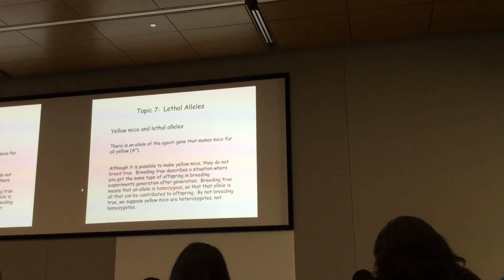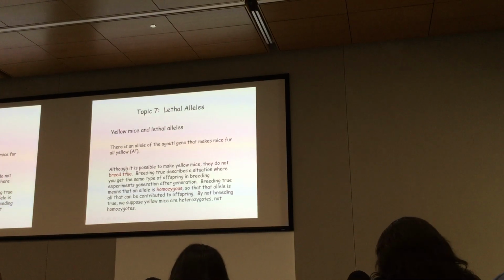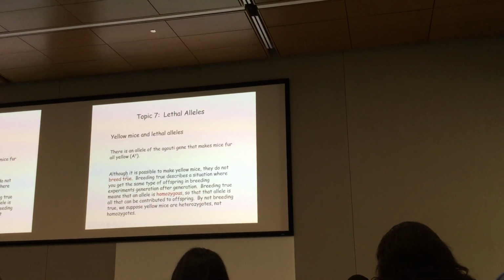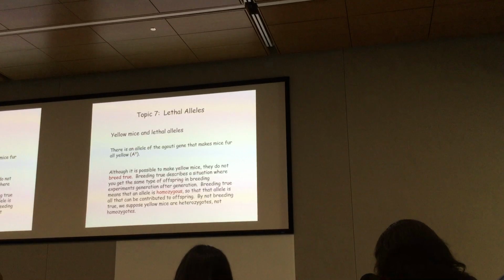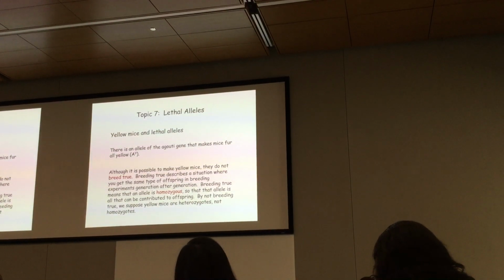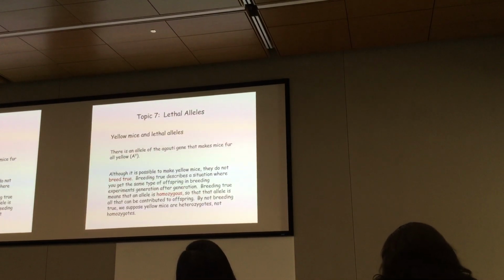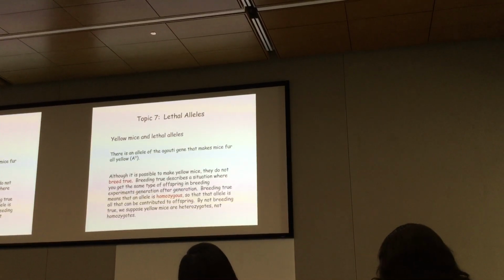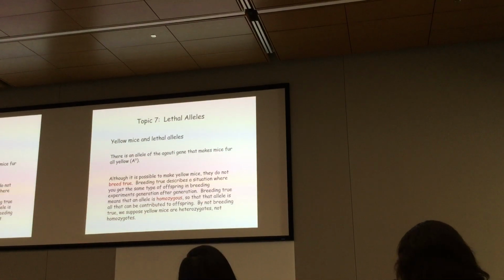And when something doesn't breed true, that's often a hallmark that it's heterozygous, right? If you make two things that breed true, they only contribute the same type of alleles to the gametes, and those only are recombined in the same genotype as the original parents, and so that's what you get over and over again, generation after generation.